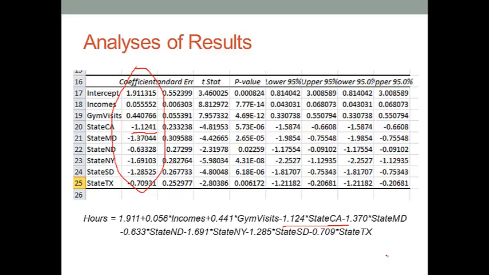Let's say we find a similar customer from California. She gets 100,000 as well and visits the gym one time a week. How long will she use the mobile app? She's from California, so it's less. Plug in the numbers: 100 as the value for income, 1 as gym visits, 1 as the value for state CA.